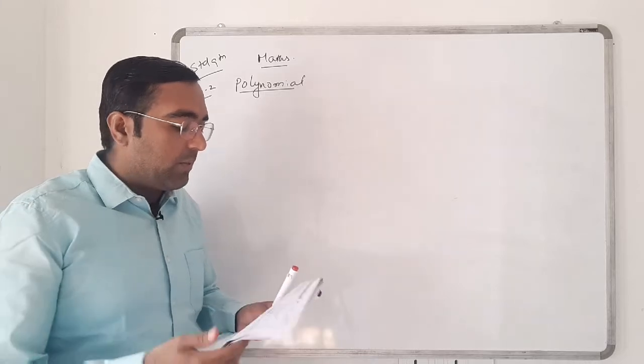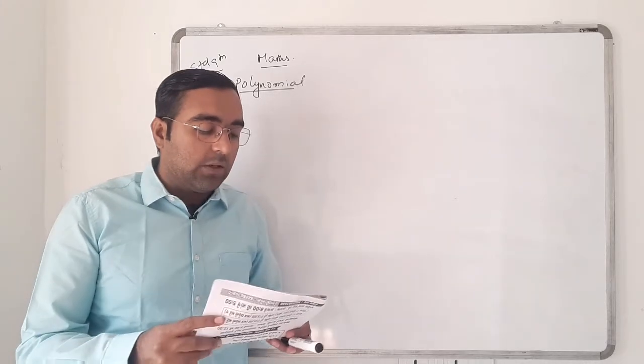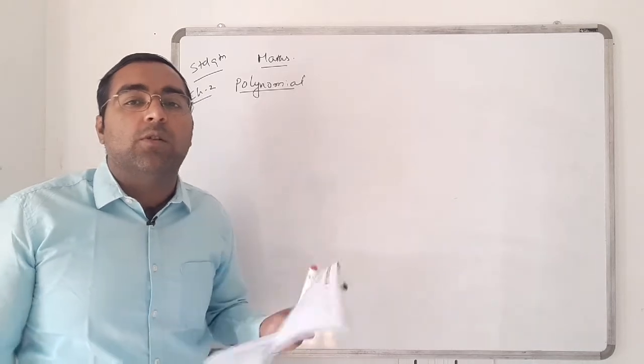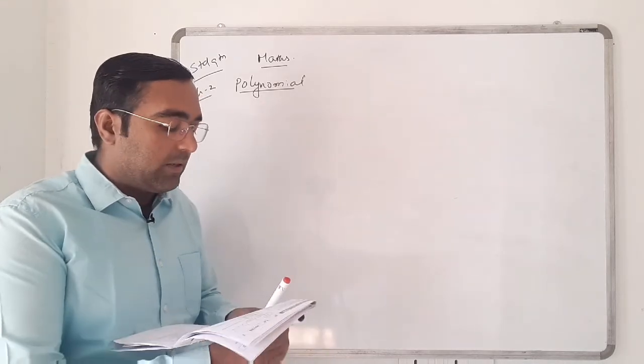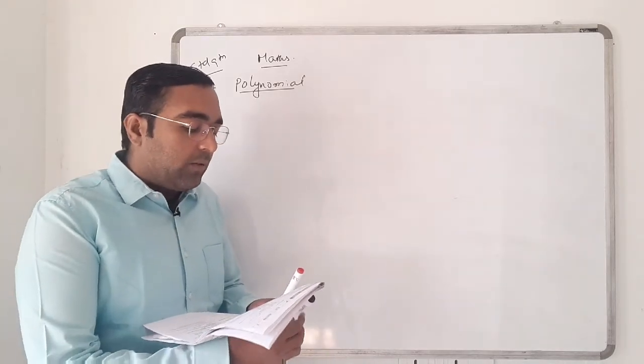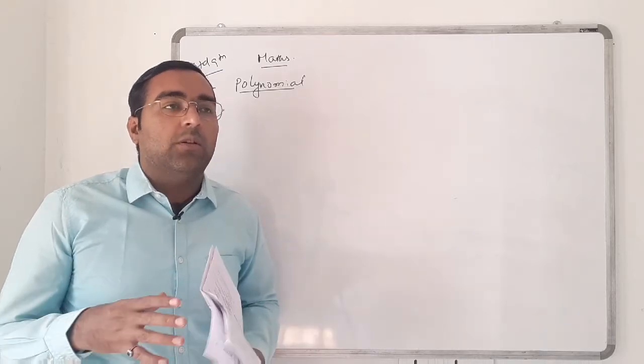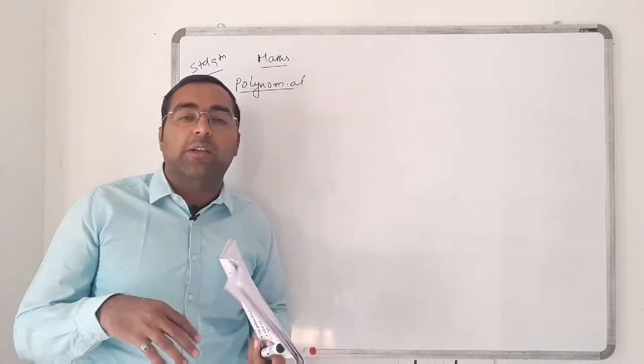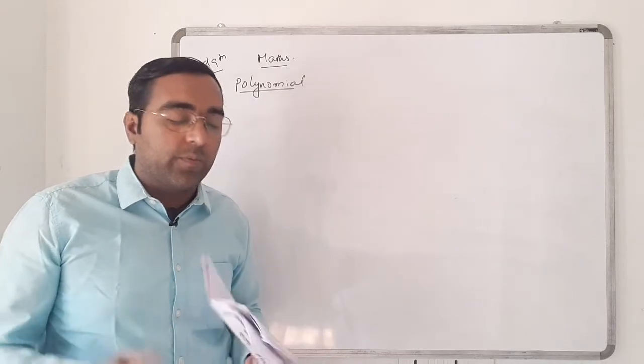Question number 3: which of the following is not a polynomial in x? There are 4 options. I'll give some rules to decide whether something is a polynomial or not.